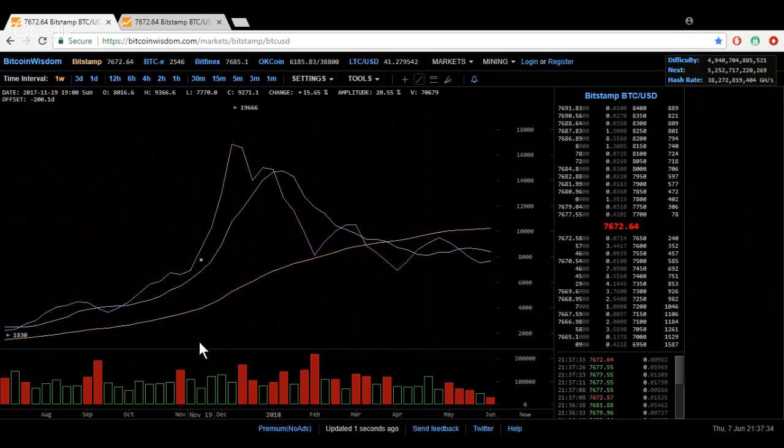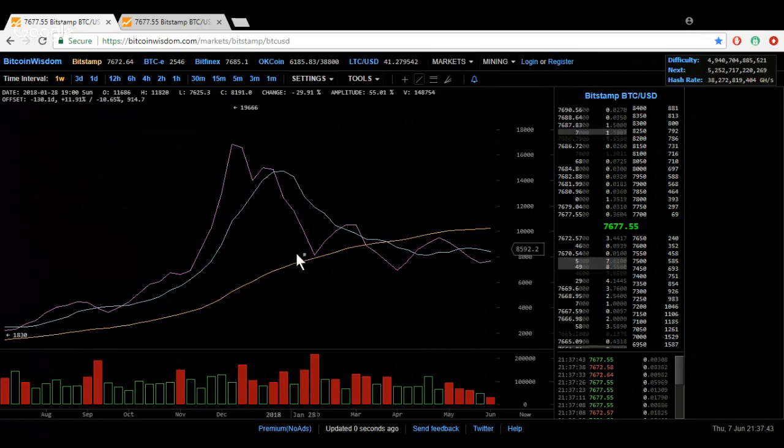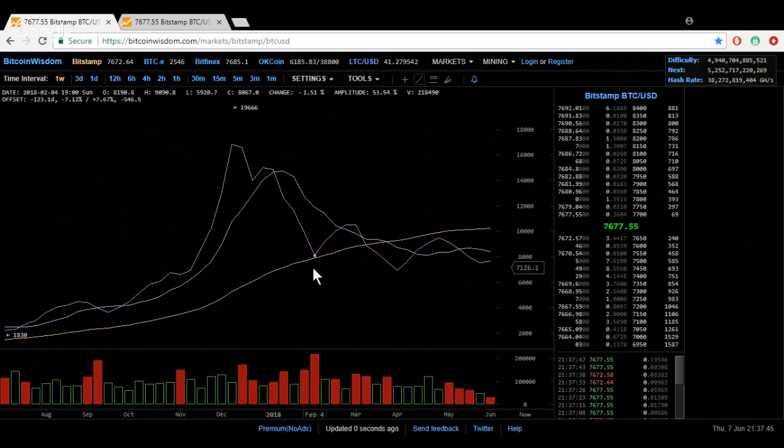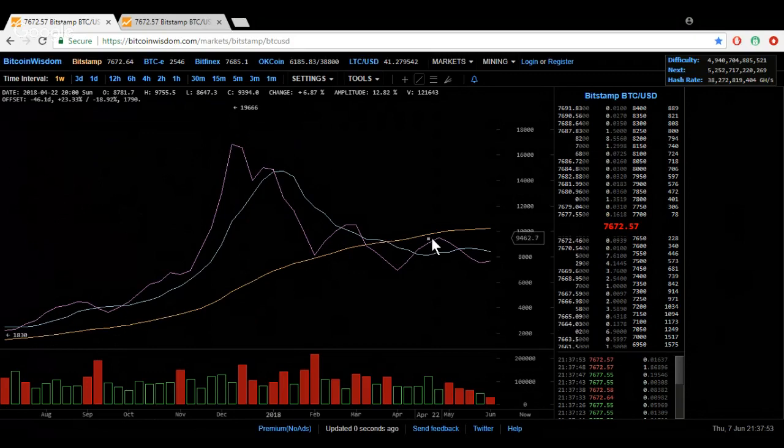And what you see is the long term, which is the 30, is still going up. And it had a big acceleration here from December through February, and now a slighter acceleration between February and April. And now here in April and May going into June, it's flattening out pretty quickly.